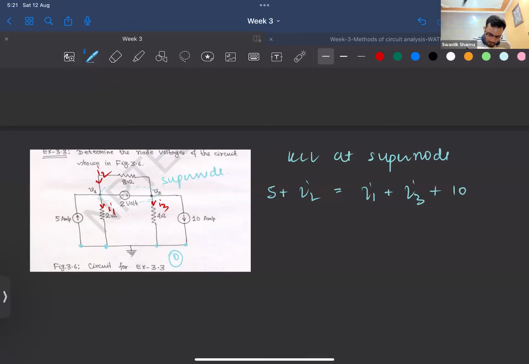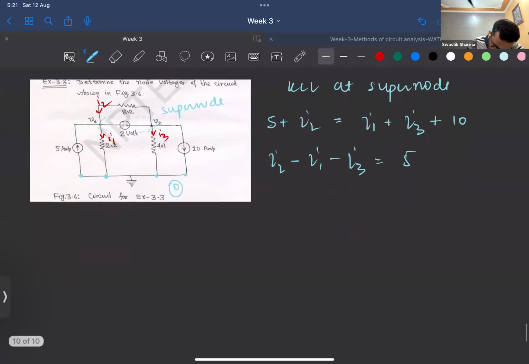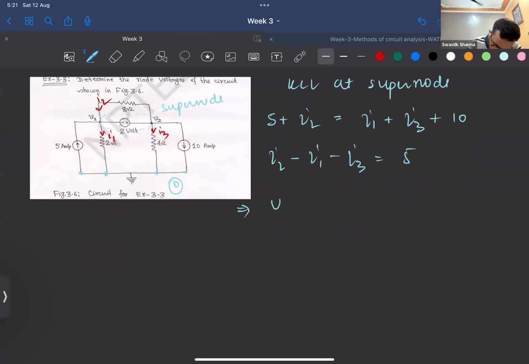Okay, so let's rewrite this. It would be I2 minus I1 minus I3 is equal to 5. What is I2? I2 is V2 minus V1 by 8, minus what is I1? I1 is V1 by 2, minus V2 by 4 equals 5, right?